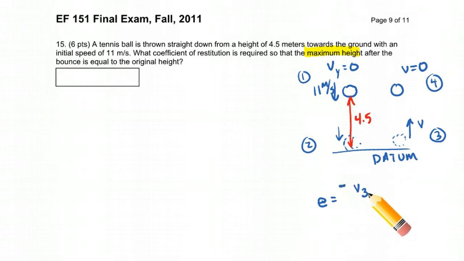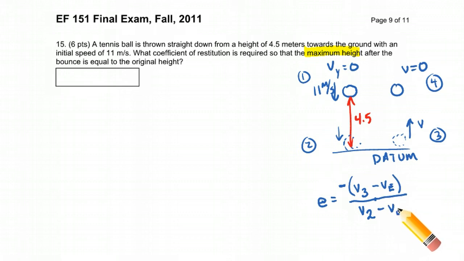The top term has a negative on it, and that's over the velocity before the collision of the ball minus the velocity of the earth. So let me just write these in to make it a little more clear that that's dropping out.